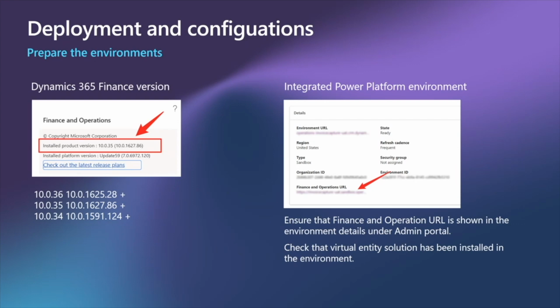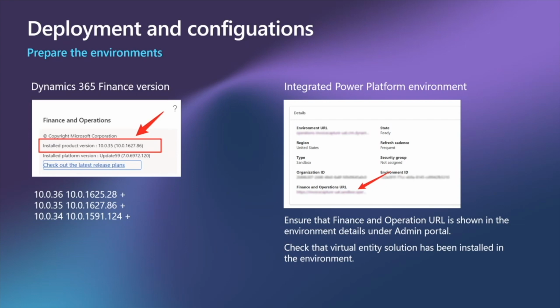In the admin portal, you can go to the environment details to check whether you have a field called Finance and Operations URL under the environment details form. If it's there, then it's an integrated environment. Once it is an integrated environment, normally the virtual entity solution will be automatically installed.